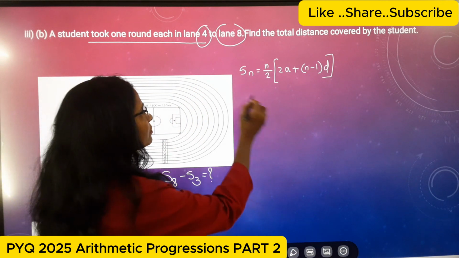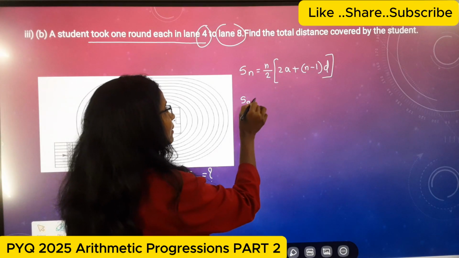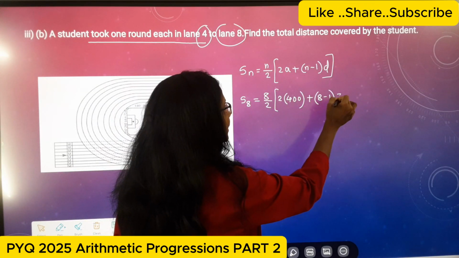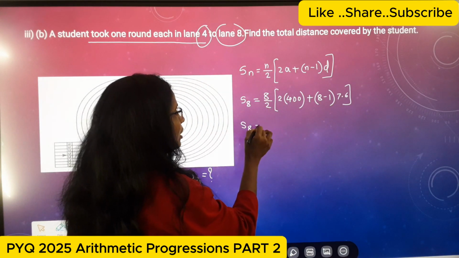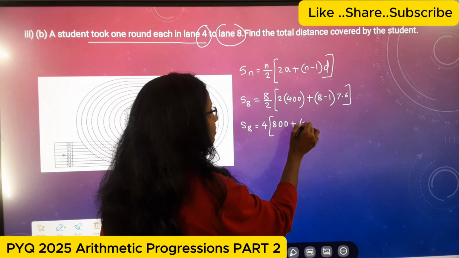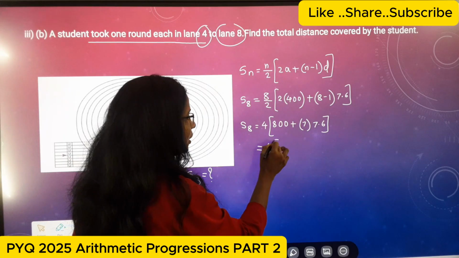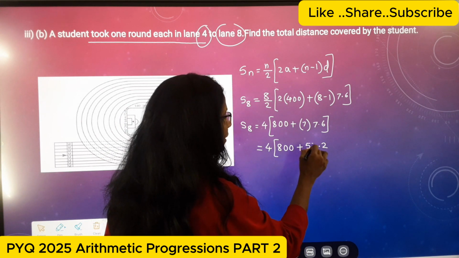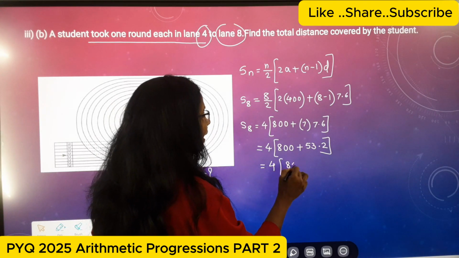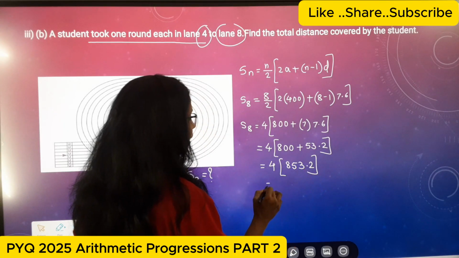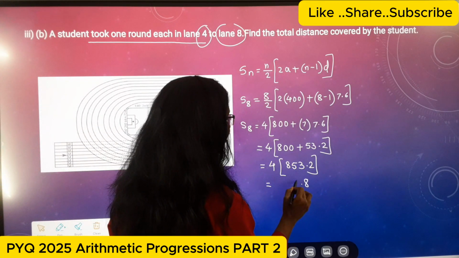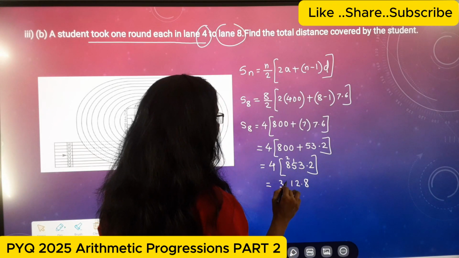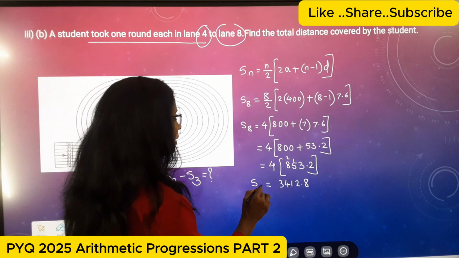First I calculate S8, that is 8 upon 2, then 2 multiply 400 plus (8 minus 1) 7.6. So S8 is equal to 4 multiply 800 plus 7 multiply 7.6, that is 53.2. So 4 multiply 853.2, that is 3412.8. S8 is equal to 3412.8.